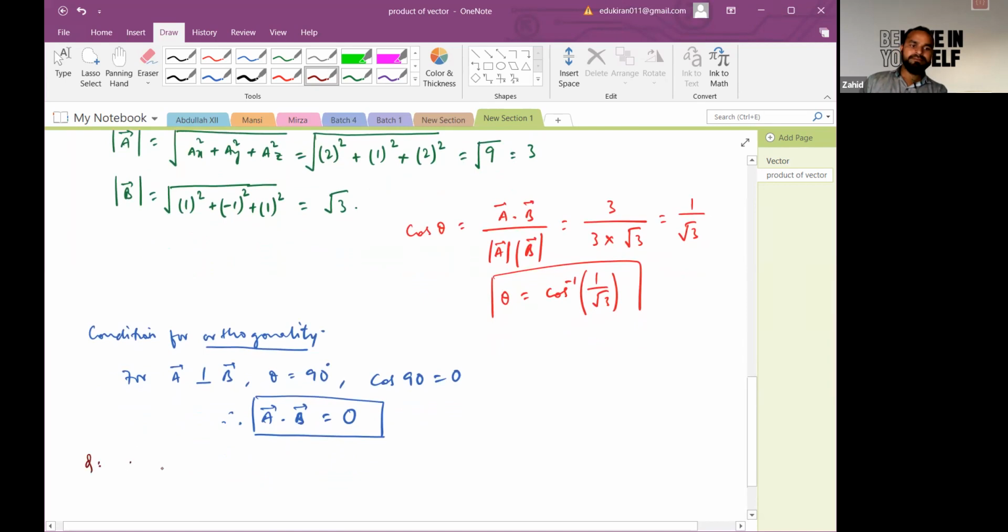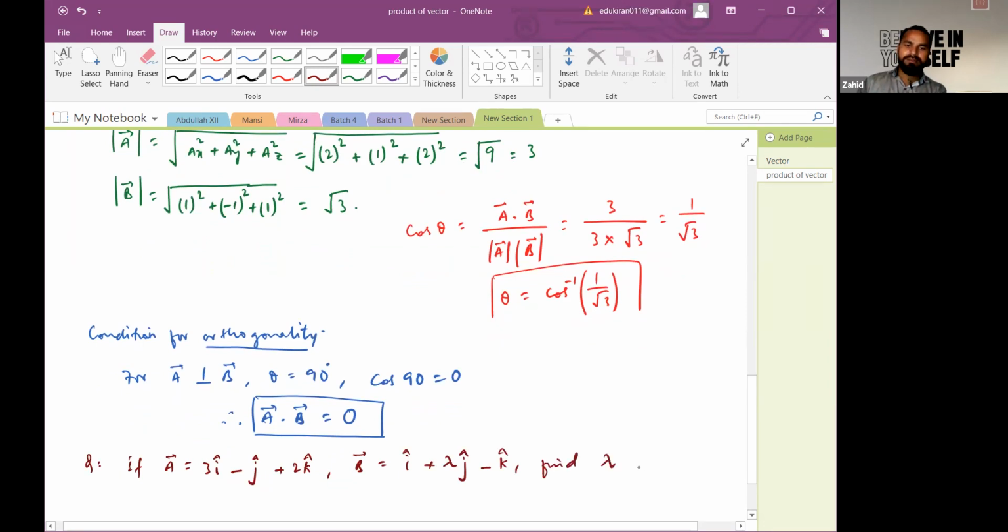Suppose A is equal to 3i cap minus j cap plus 2k cap, and B is equal to i cap plus lambda j cap minus k cap.